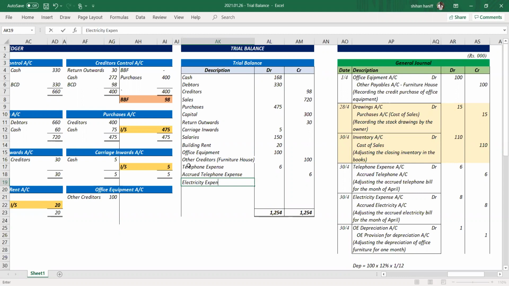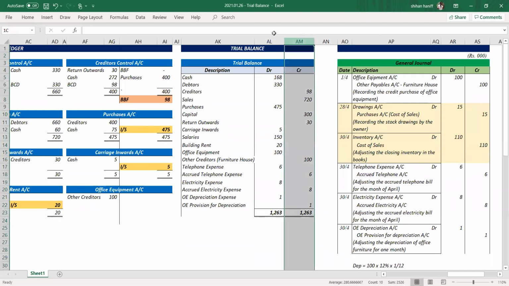Electricity expense 8,000. Accrued electricity credit 8,000. Office equipment depreciation 1,000. Provision for depreciation is 1,000.